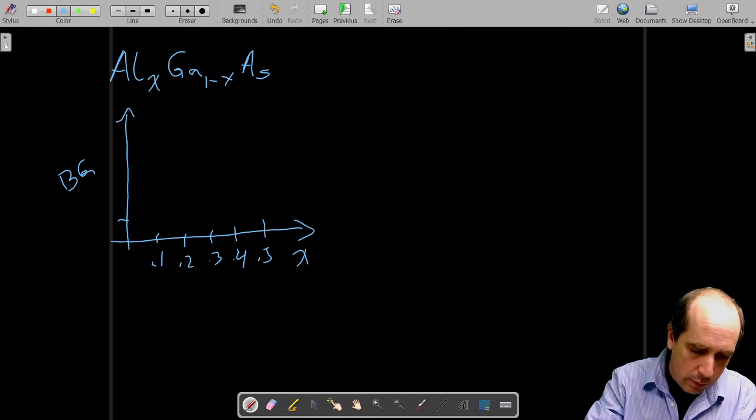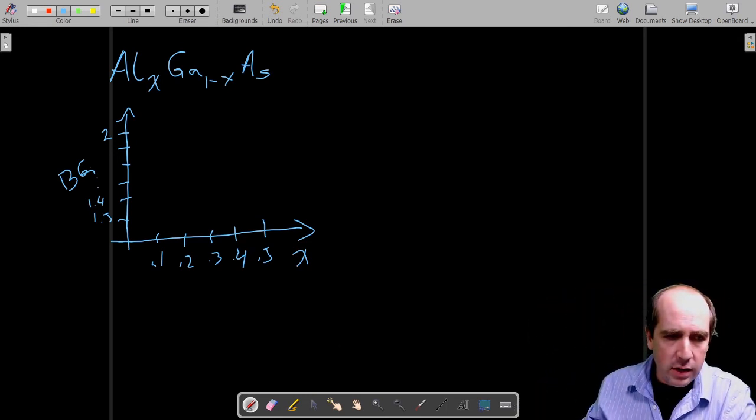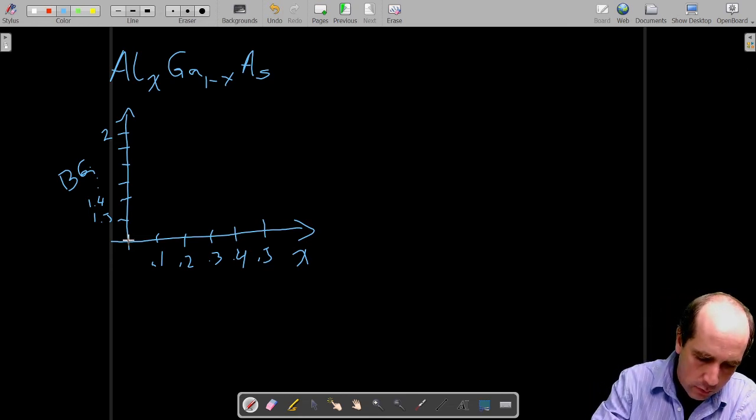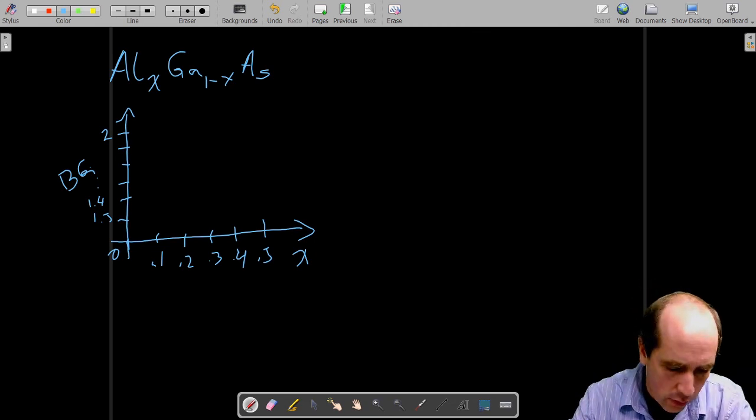So I would put 1.5, 1.6, 1.7, 1.8, 1.9, and 2. So this is 2, 1.4, and so on, right? And basically what we get is that at zero alloy fraction, we know this is gallium arsenide, so this is around 1.4 or so.